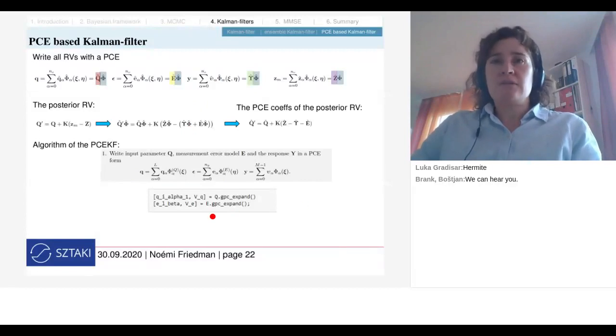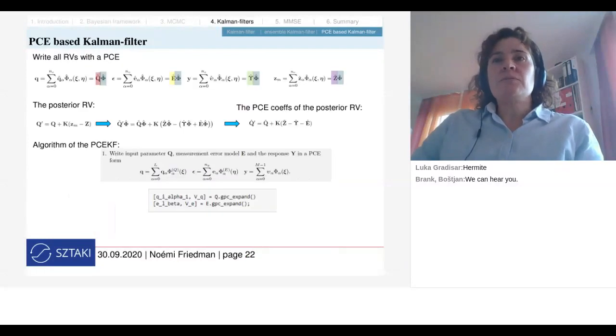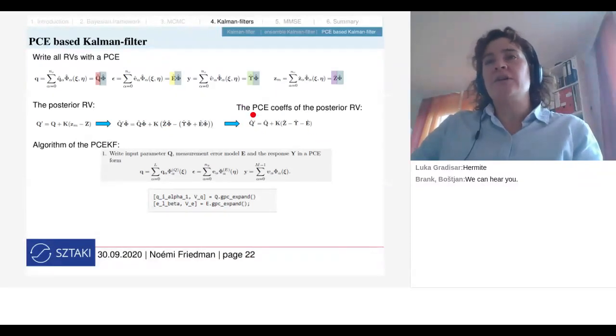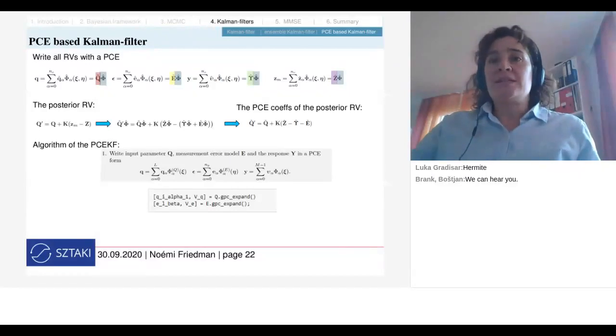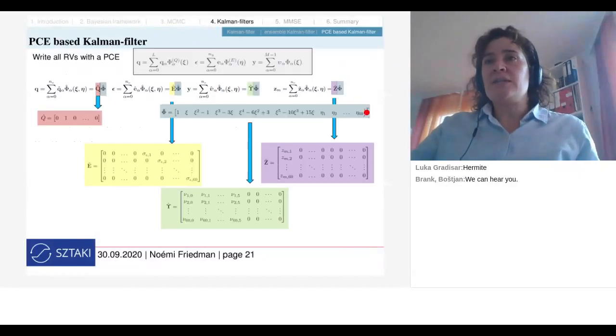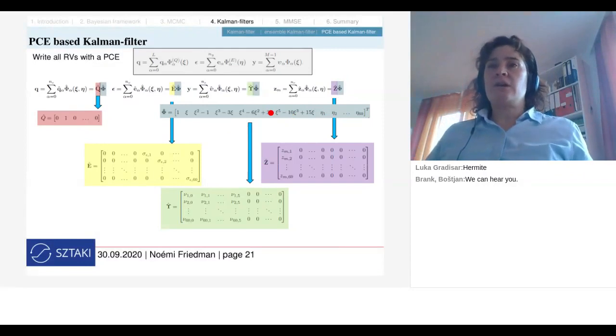And then at the end, what you get when you add them up is the PC coefficients of the updated random variables. So you define an extended basis. Now, please note that the basis will grow as the number of measurements grow, okay? So my description of the posterior will be in this extended basis.